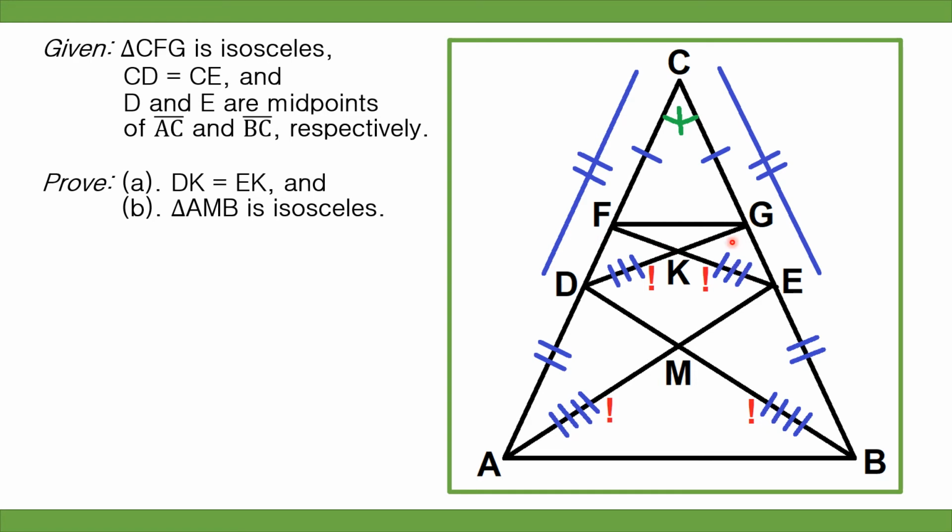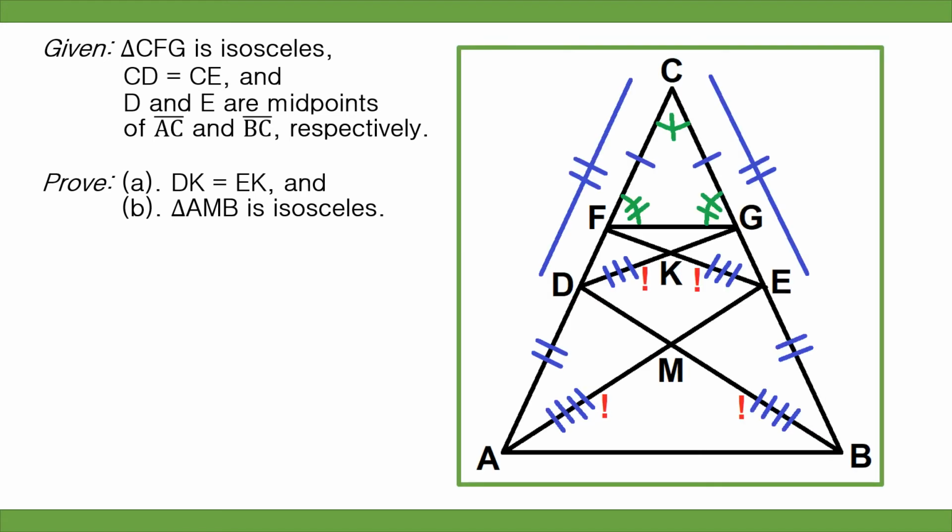But our problem is we are to prove only DK and KE or EK. How can we prove KG and KF to be congruent? Okay, so let's look deeper into these two triangles. As you can see, if these two sides are congruent, then by isosceles triangle theorem, these two angles must be congruent. Now, why is it necessary?